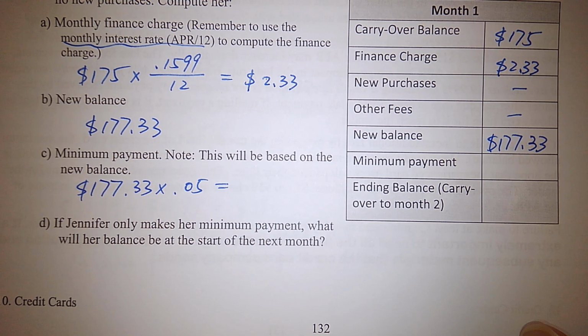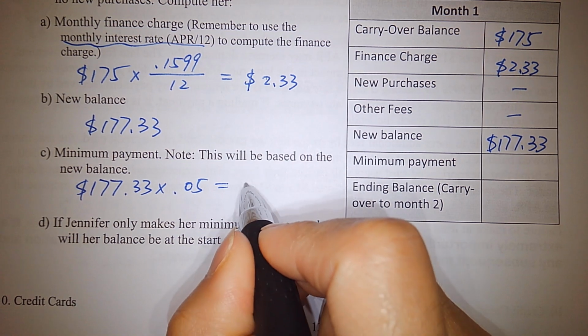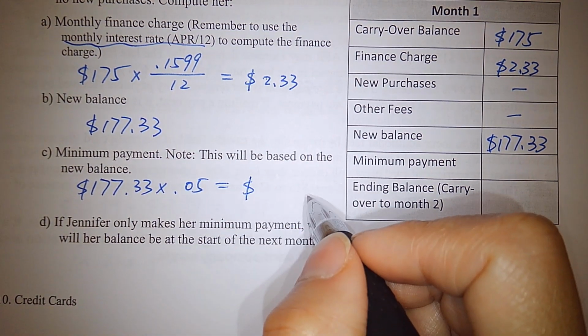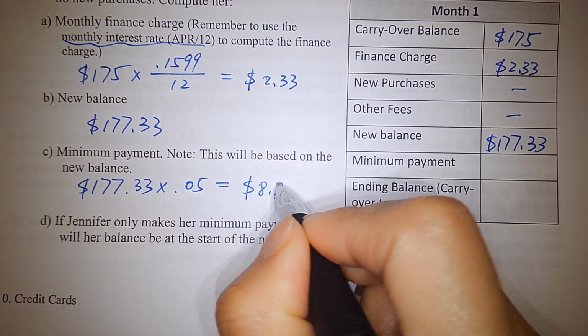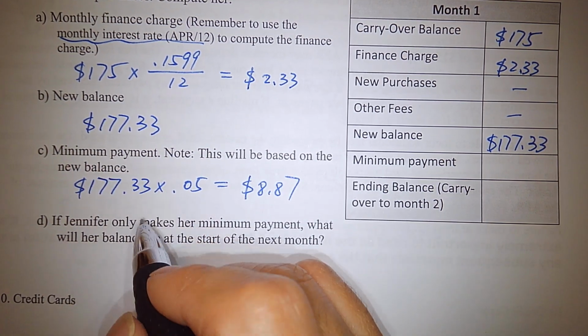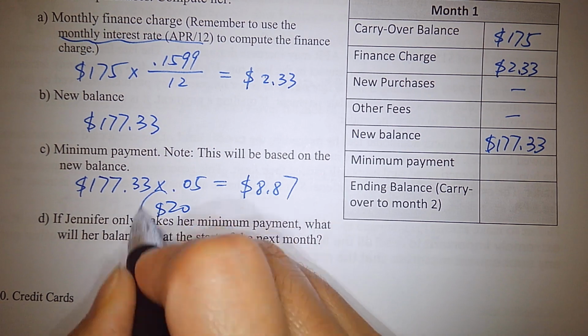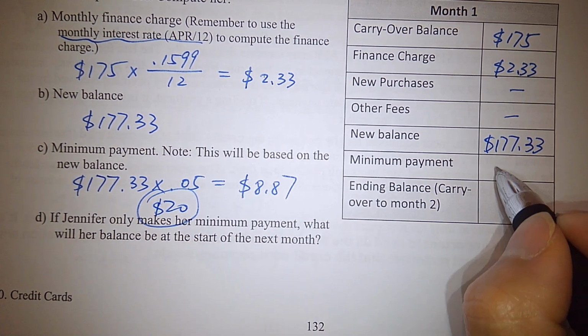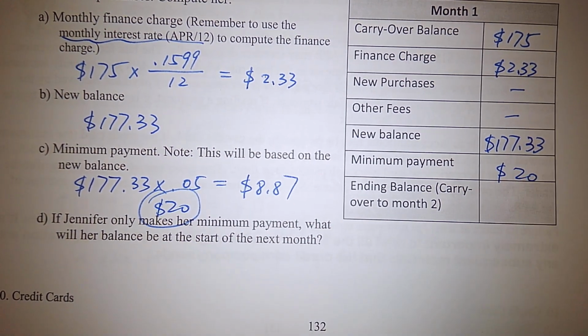What do you get? How much? $8.87. This is still less than $20, right? So the minimum payment will be what? $20 again. So the minimum payment is $20.